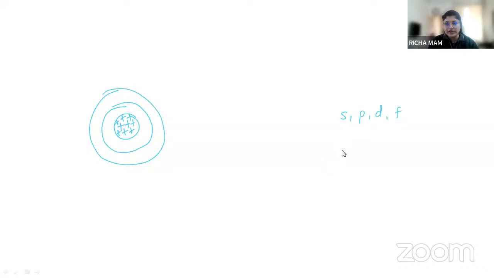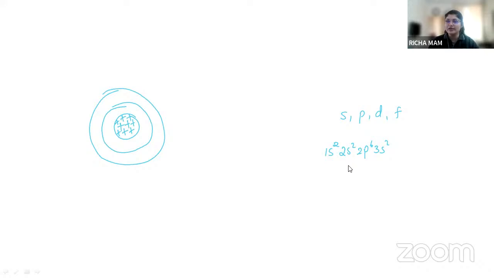As we are filling up the electrons, first the electrons will go into 1s2, then 2s2, then 2p6, 3s2, 3p6. It goes according to the Aufbau principle, which you might have studied in first year.